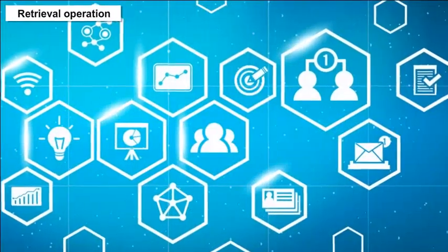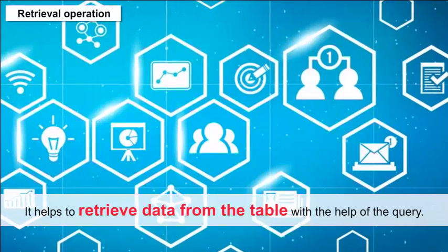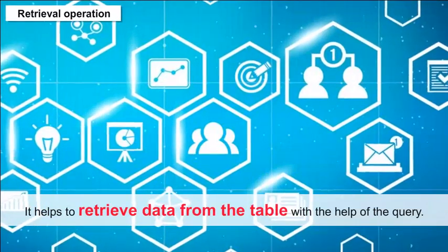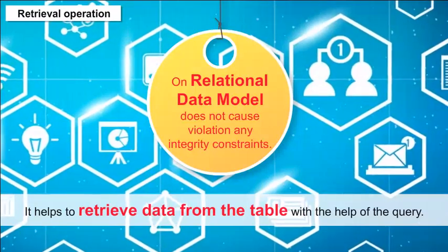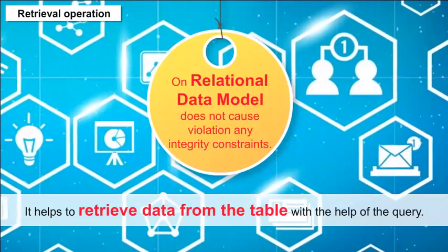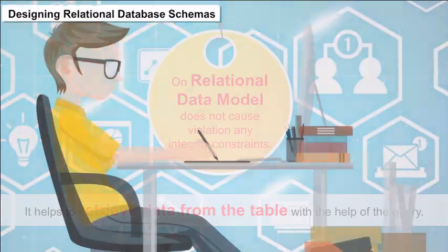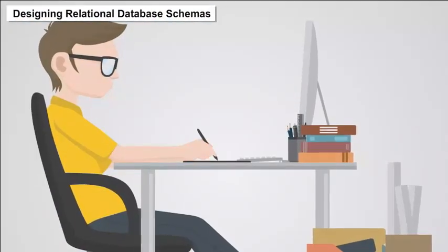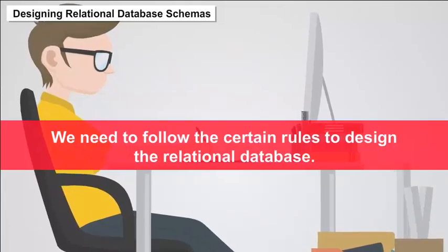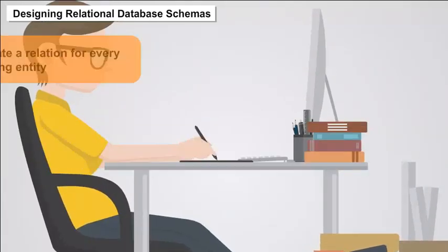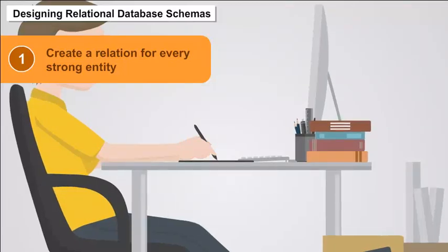Retrieval operation. It helps to retrieve data from the table with the help of a query. On a relational data model, it does not cause violation of any integrity constraints. Designing relational database schemas. We need to follow certain rules to design the relational database. 1. Create a relation for every strong entity.